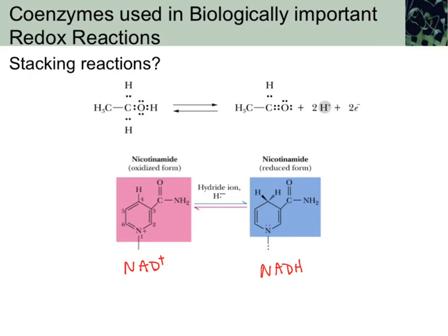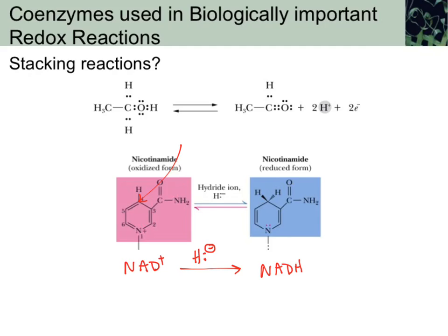What changes as we go from NAD plus to NADH? Not just a gain of electrons, but also a gain of a hydrogen, so we're gaining hydride. Where is that hydride? That's at the very top of the, was it pyrimidine ring? So it needs to come in and attack at that position. Absolutely right.